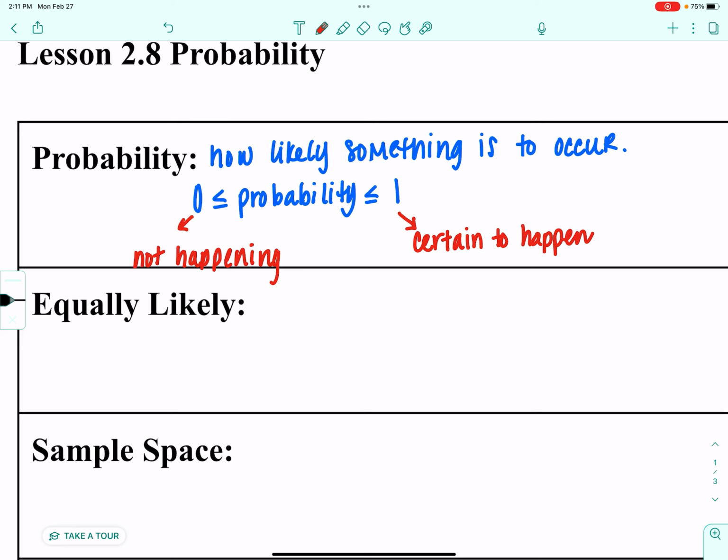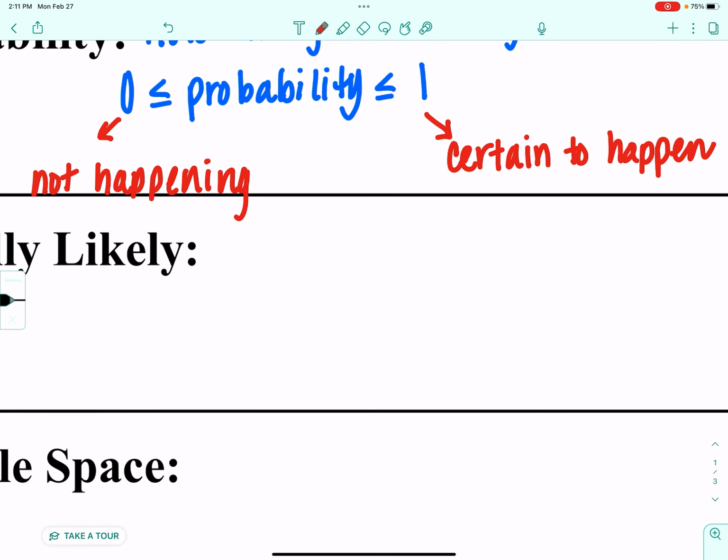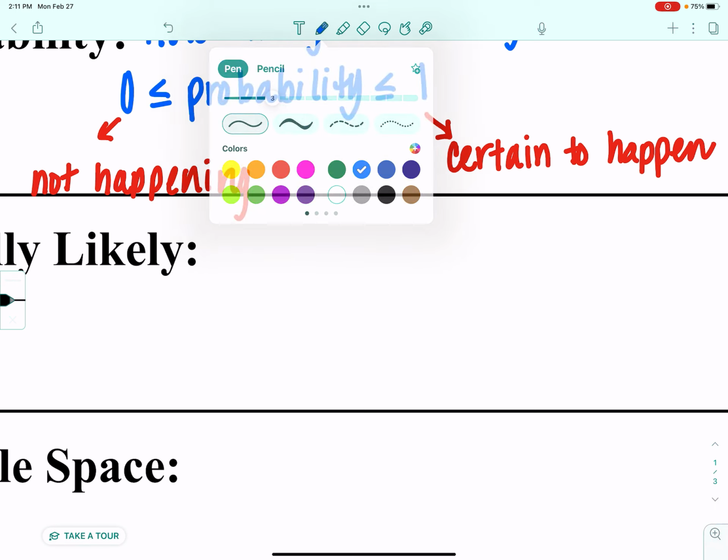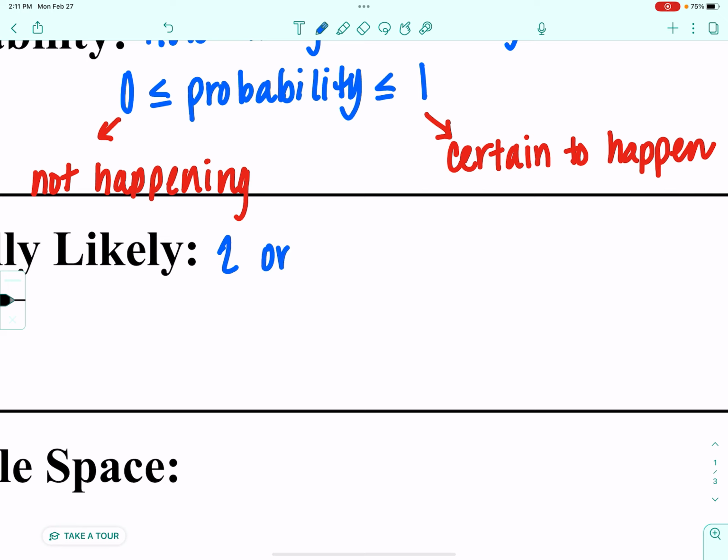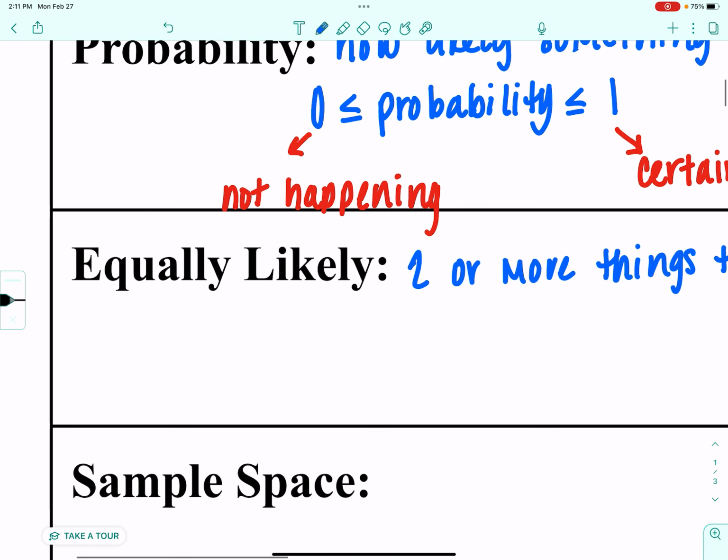Now, when we talk about probability, we talk about the probability of equally likely outcomes. What that means when we say equally likely is two or more things that have the same chance of happening.